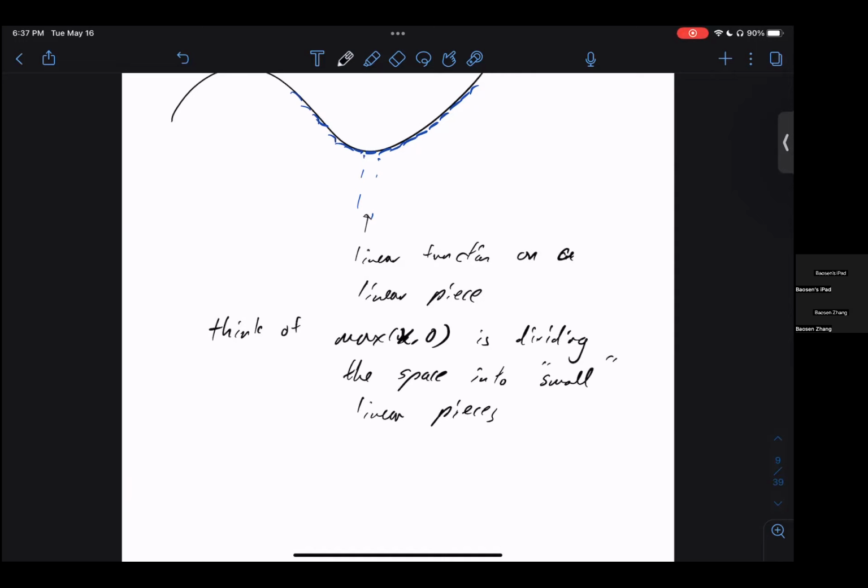Then on top of each piece, you just use a linear approximation. As you subdivide the region finely enough, every function looks linear. So for that region, just have linear functions. And then you can assemble this whole thing together and you approximate the function well.